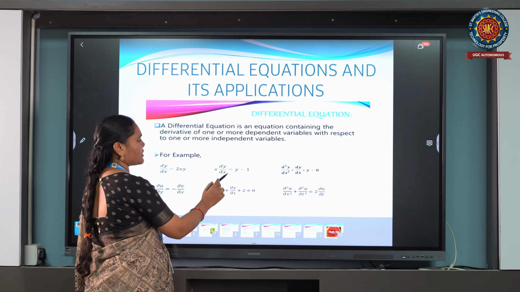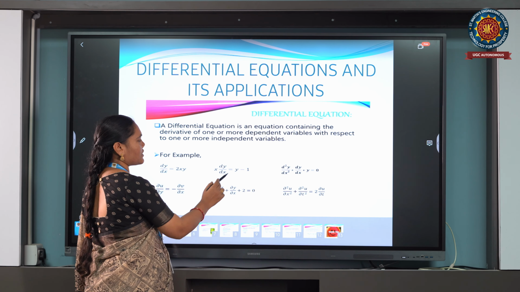Then dy/(1 − y) = −dx/(1 − x). Now apply the integration on both sides.